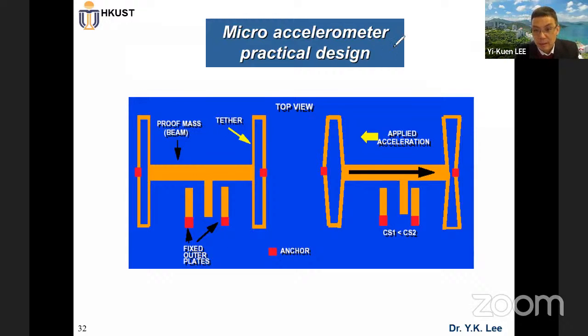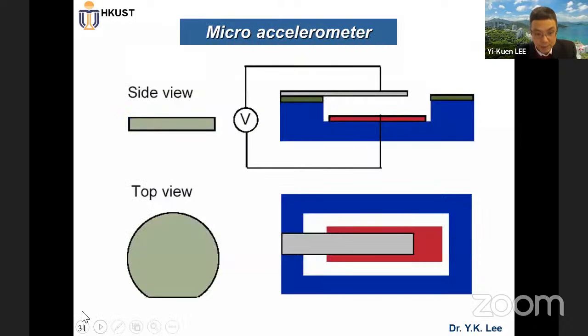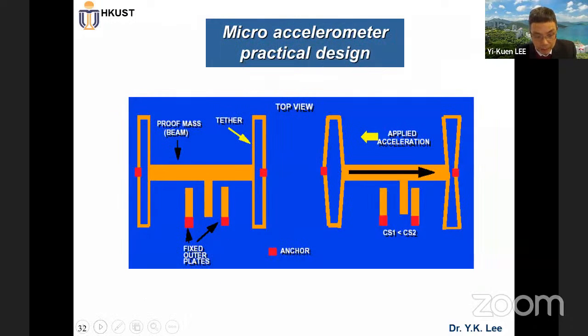Do you understand? This is what I tell you about reality. The previous slide showed you a very basic concept, but in reality, you need a lot more engineering design to become a good design.